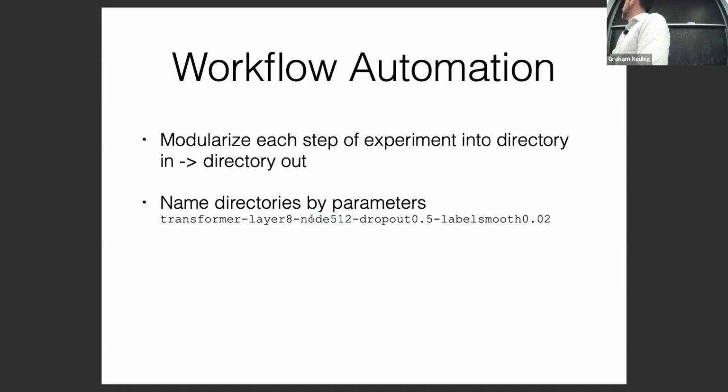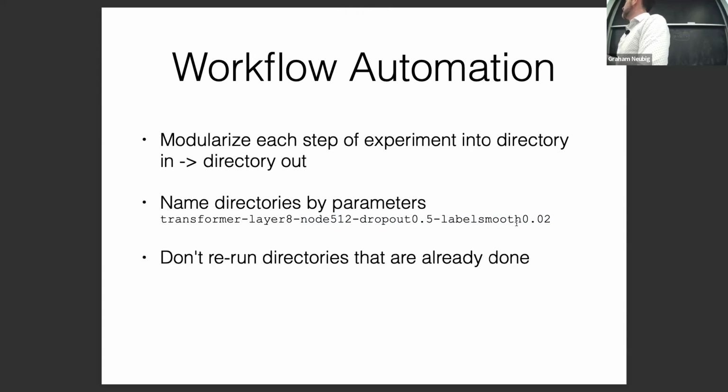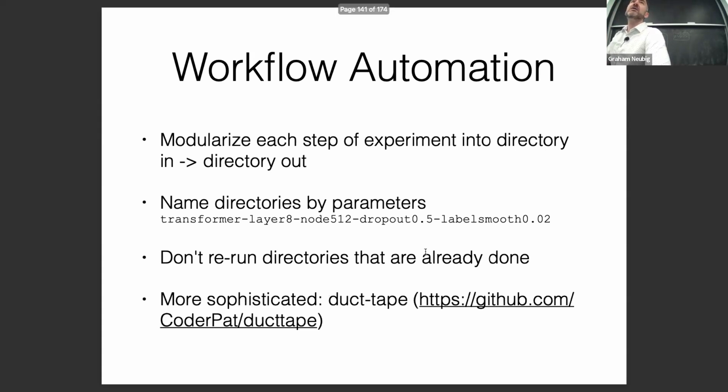This allows you to avoid rerunning things because you can have your Python code check if the directory already exists and has been completed, and then read in the result if it has been, or run the experiment if it hasn't been. You can write this in pure Python by adding some if statements at the beginning of the function and some output statements at the end of the function.